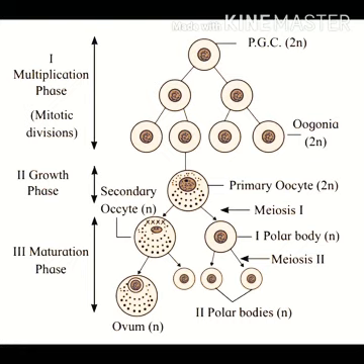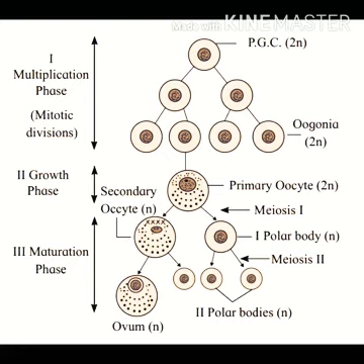The changes occur after metaphase II only if there is fertilization, means union of male and female gamete. The secondary oocyte is shed from the Graafian follicle and ovary. As you know, in the menstrual cycle, the 14th day is known as ovulation. This ovulation is the shedding of the oocyte from the Graafian follicle of the ovary.